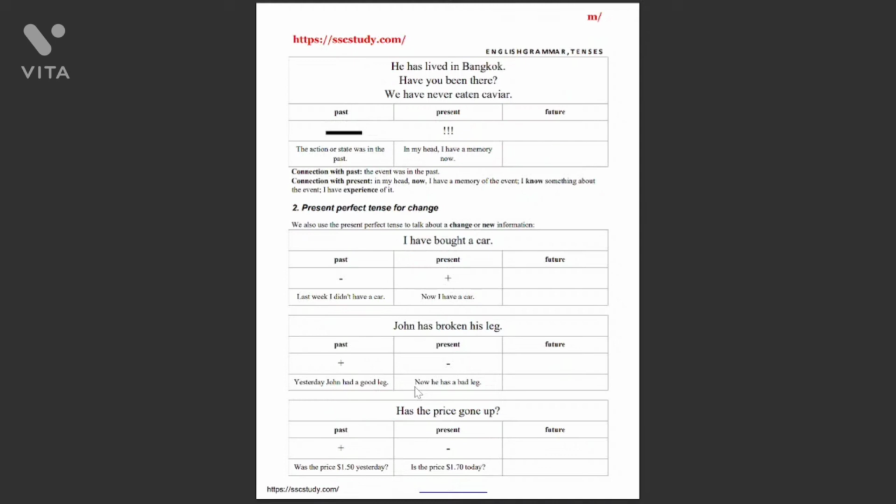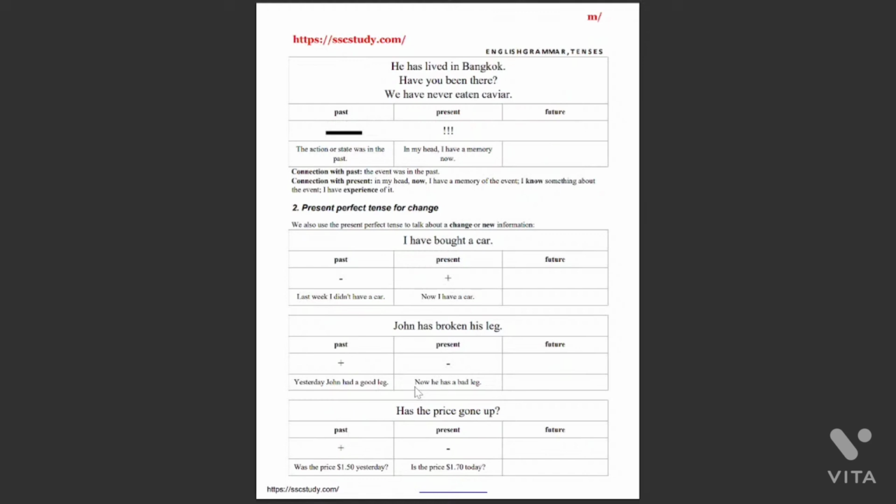Next, John has broken his leg. So we don't know exactly when, whether it is changing or giving information. Yesterday John maybe had a good leg, and now he has a bad leg. We don't know when it was broken.